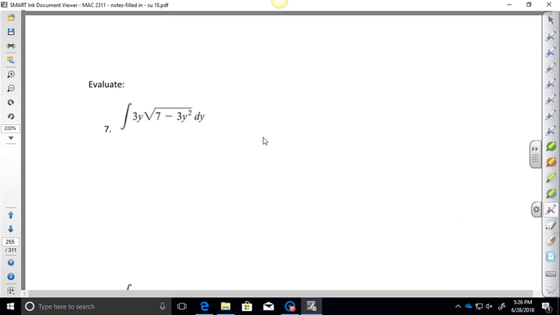So let's rewrite this problem as the integral of square root of 7 minus 3y squared times 3y dy. So we write the composite function first, then times whatever is left over there.